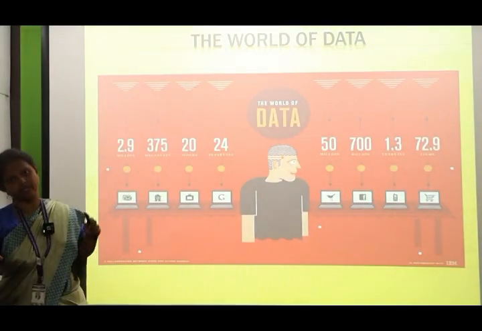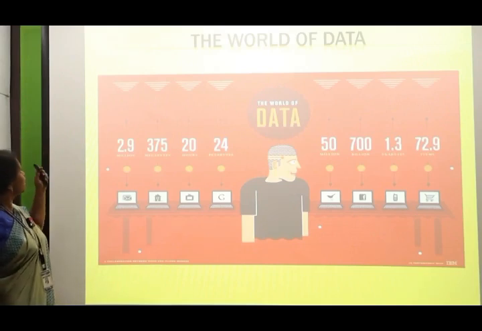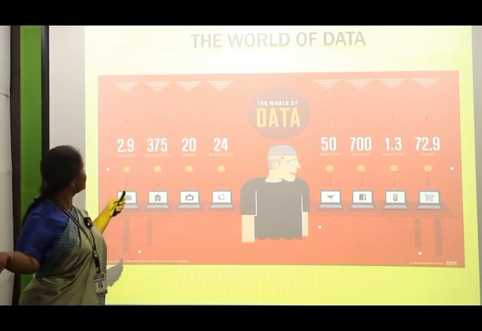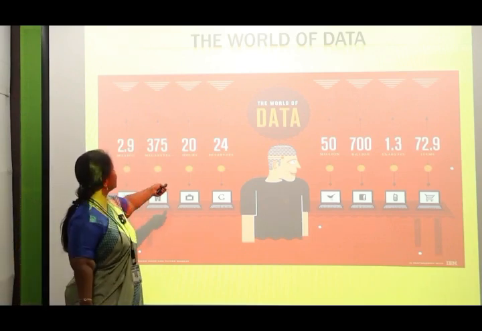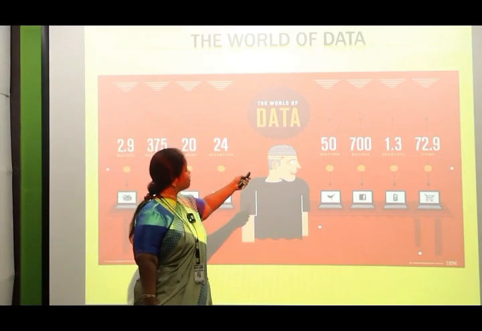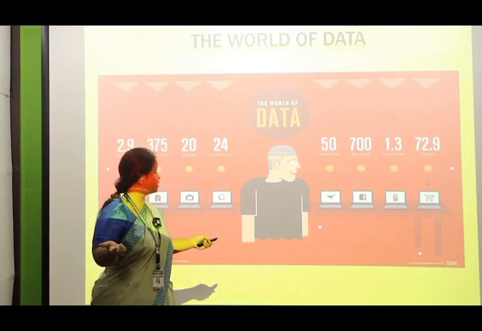So, world of data, this is one of the images. Here you can see the data consumed by Google, that is 2 million, and data per day processed by Google is 24 petabytes. You are doing 50 million tweets. You have Twitter, right?